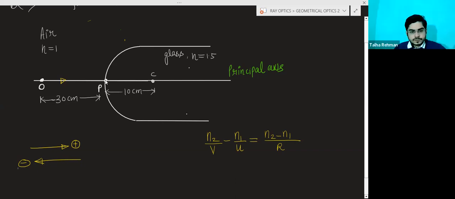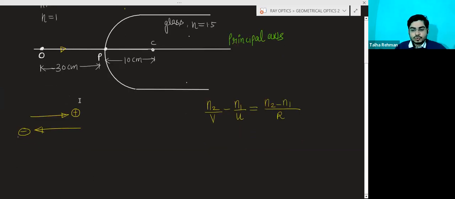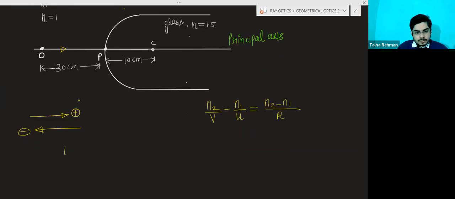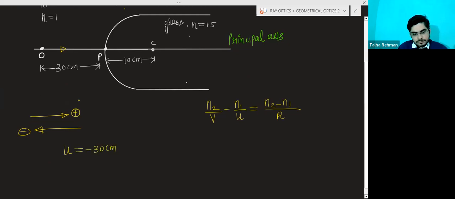So when you measure the object distance, you measure from the pole, in this direction, and this direction is the negative direction. So this object distance u is negative. Object distance is represented by small u.